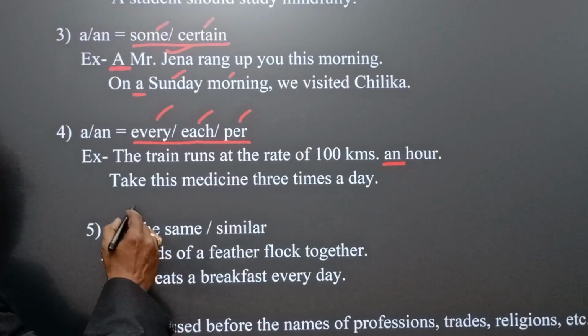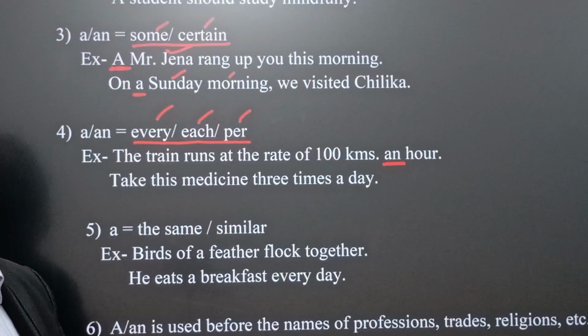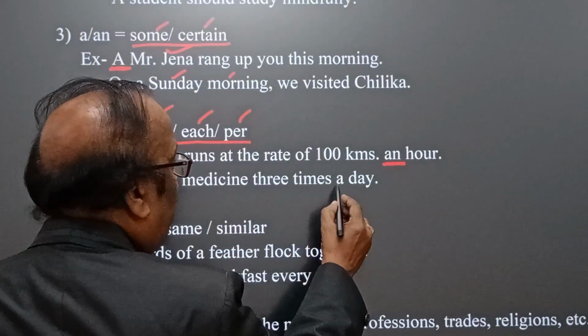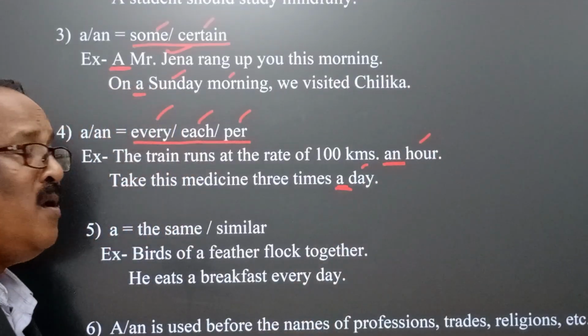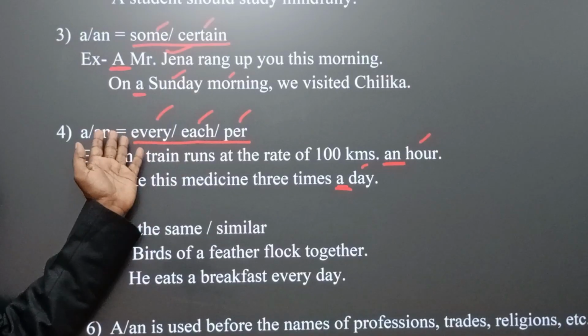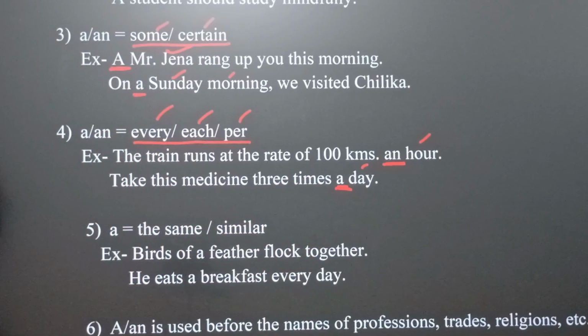And take this medicine. Whenever the doctor prescribes the patient to take medicine 3 times a day, remember here, 3 times a day, I mean per day. It means each day or every day. This is the meaning here, a day.